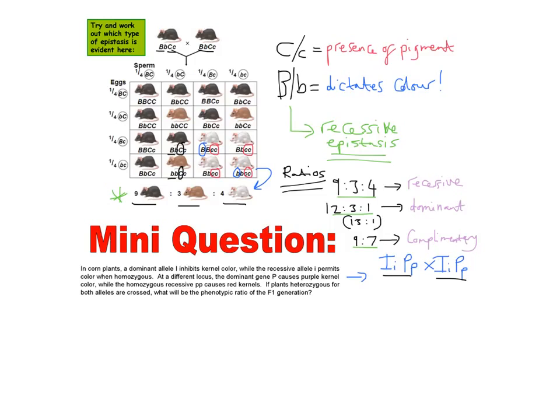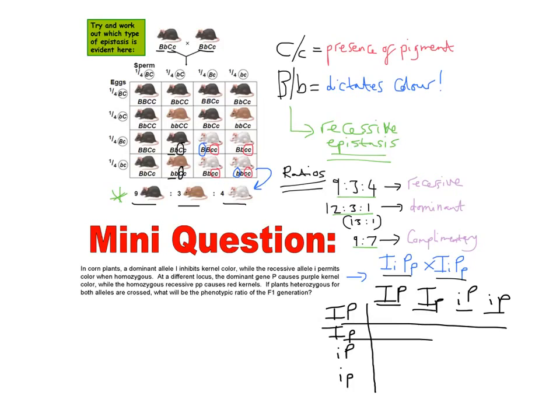If we were to do the separate gametes, we would have big I big P, big I little p, little i big P, and little i little p. So all the possible combinations. And then if we did this as a Punnett square, again, we'd have the same gametes along the top.